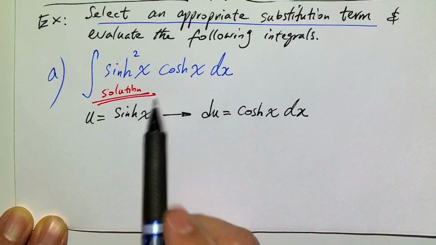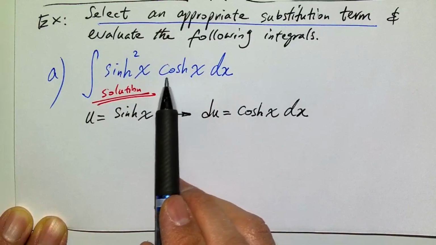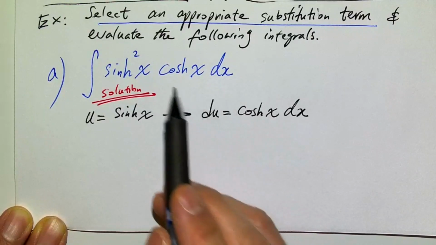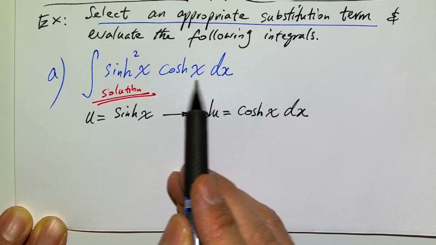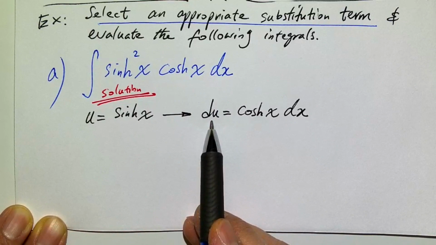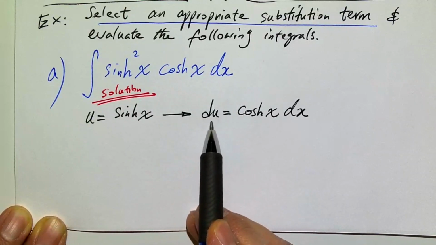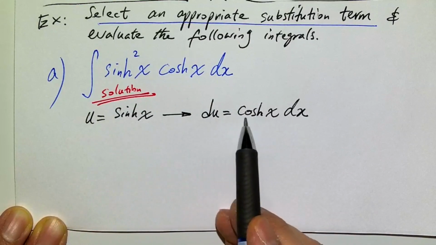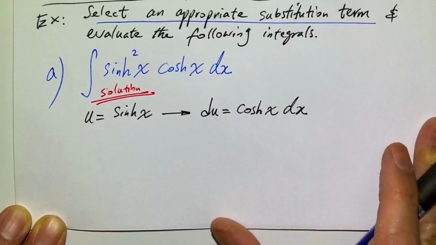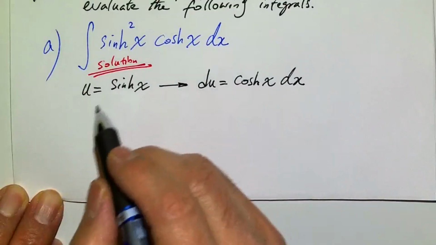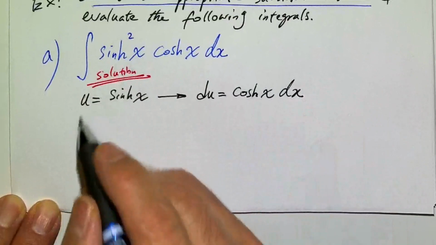Yes, because you have the hyperbolic cosine x times dx on the other side. So you can replace these two terms with a simple du, because given this u, the du is going to be that. So that's great. So let's do that, and then we'll substitute for this as well.